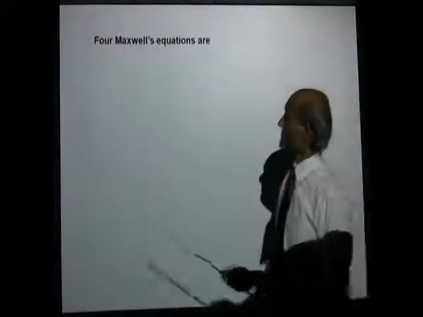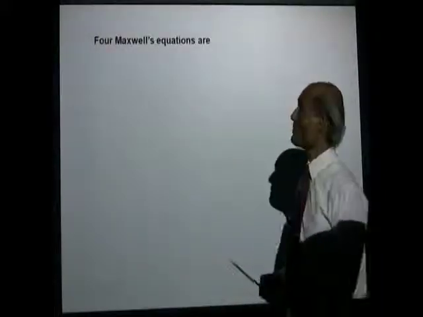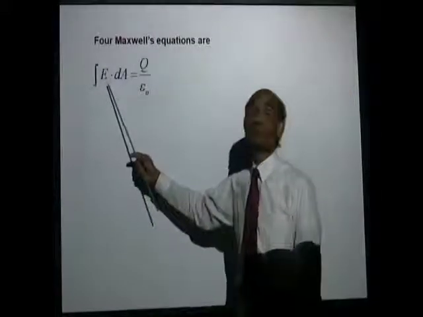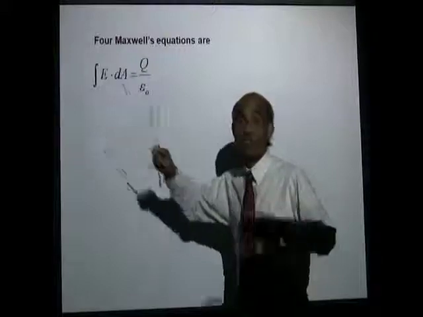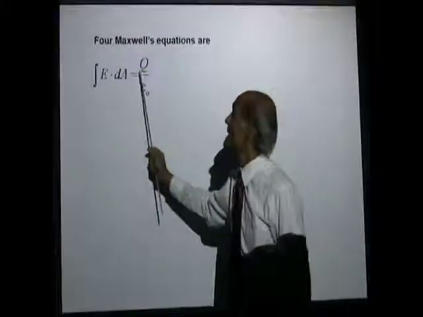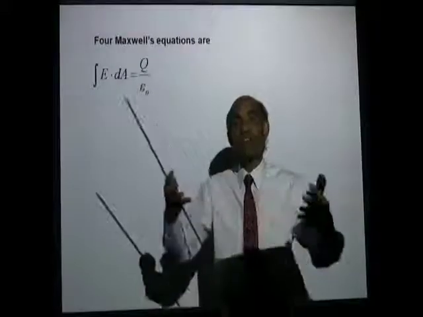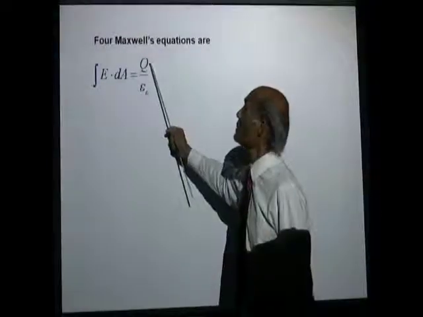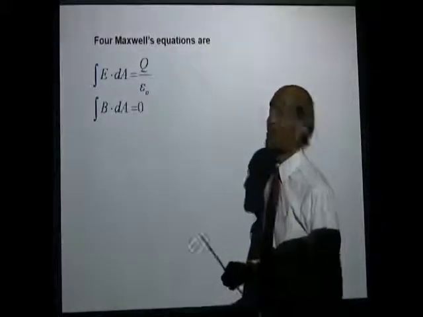Well, therefore, let's now write down the four Maxwell's equations. What is the first equation, Maxwell's first equation? Well, of course, it's Gauss's law. Surface integral E dA equal to Q over epsilon naught. The net flux that is crossing any surface is the charge inside the surface divided by epsilon naught.